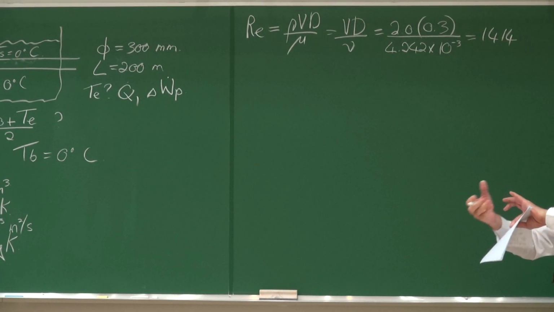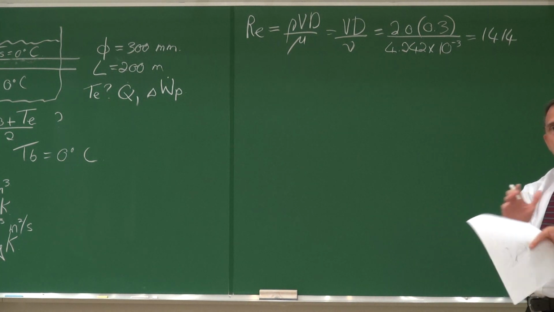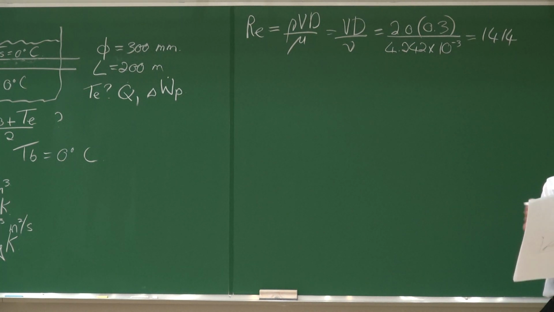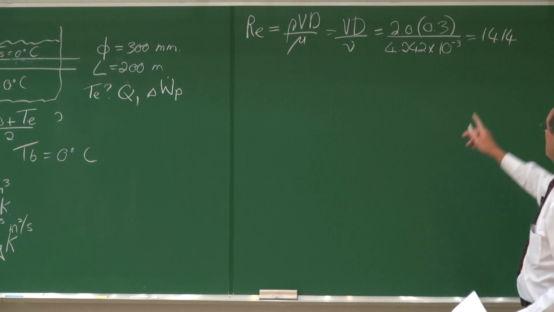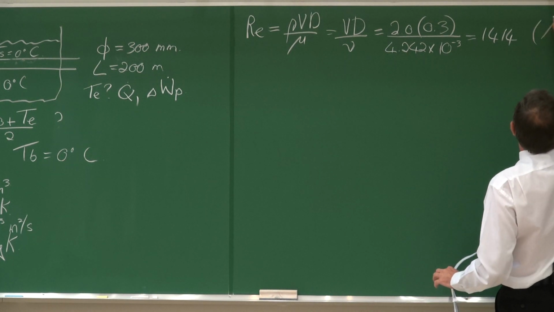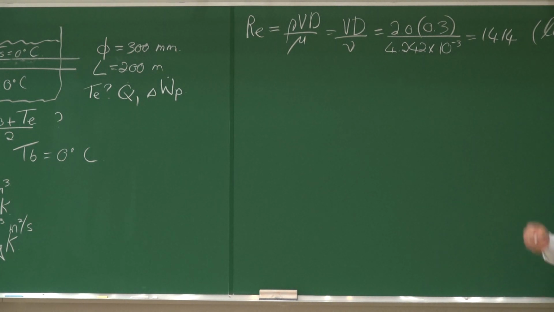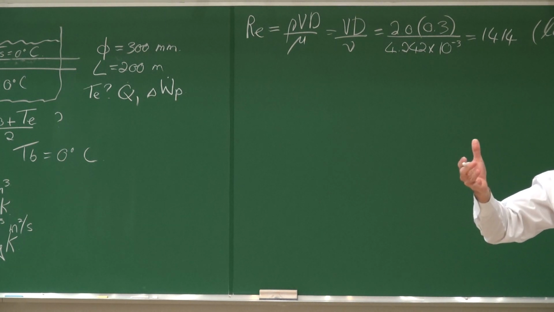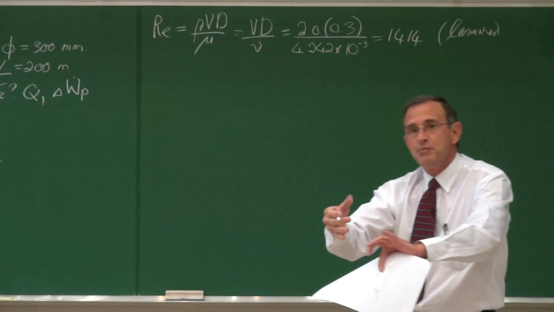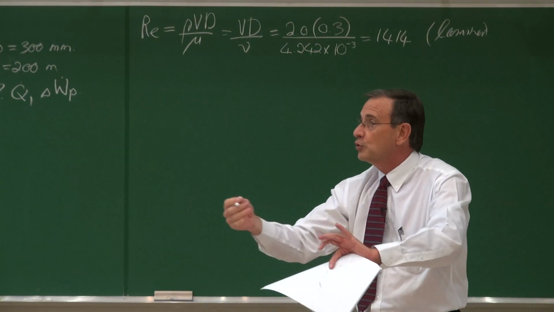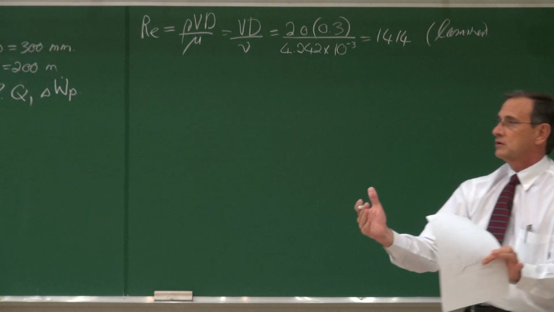Okay. For circular tubes, we know transition occurs between about 2,100 to 2,300. So it's far from there, so the flow is going to be laminar. So our first thing when we think of laminar flow, constant wall temperature, Nusselt number is equal to 3.66. Okay, that is what we normally think.